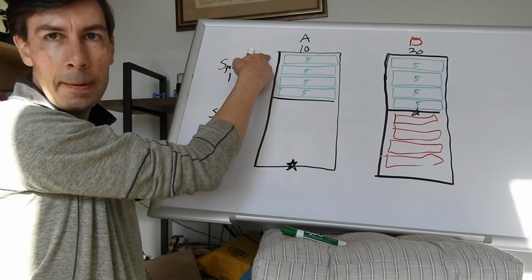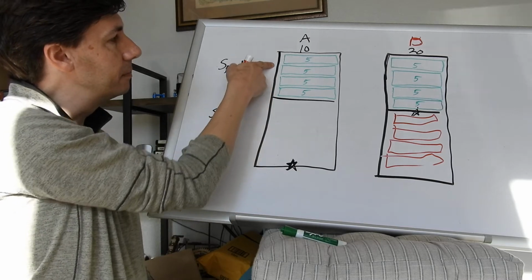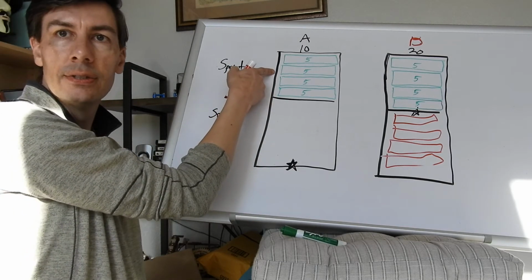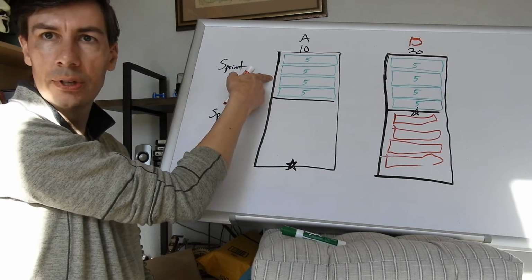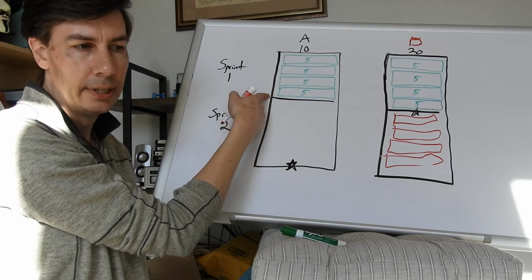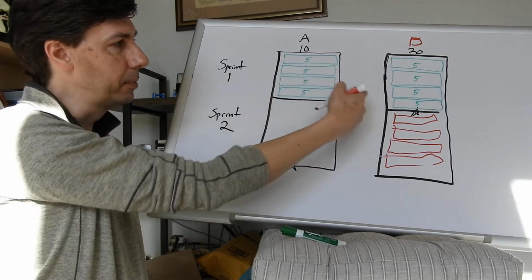Team A, however, probably just starts their sprint with estimating 10, and then they discover, wow, we're just moving through this really quickly because no bugs are coming up.